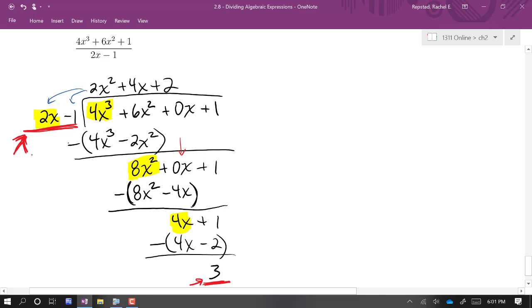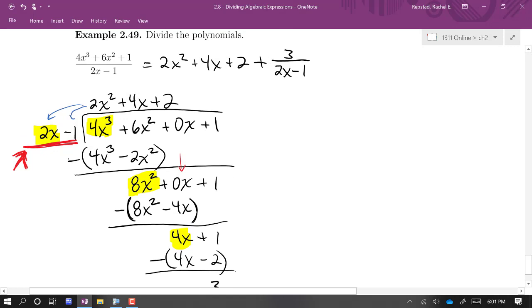So I know I'm done, my remainder is 3, and the way I put this all together is I say that this quotient is equal to what I got when I divided this stuff on top, 2x squared plus 4x plus 2, and then plus, you put your remainder over your divisor, 3 over 2x minus 1. And that is as far as we can go.